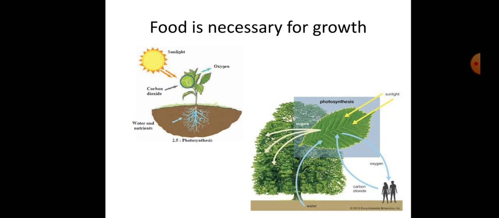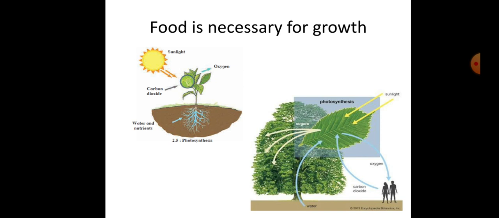Then what we people exhale, carbon dioxide, that is absorbed by the leaves of the plant from the atmosphere, and the roots of the plant absorb water and minerals from the soil and pass it to the leaves.